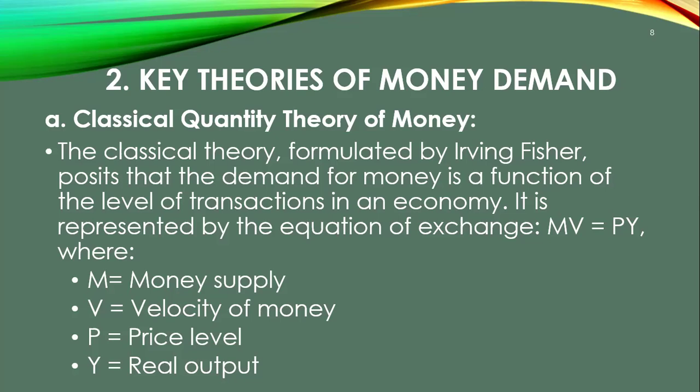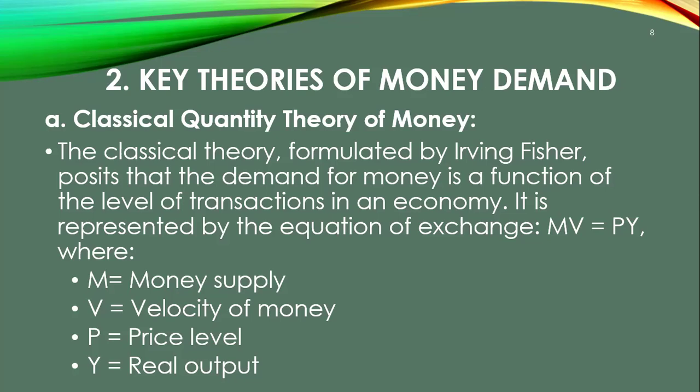So what does it mean? It even influences the price of goods and services to go high because of the demand pull, what we term as demand pull inflation. So if you intend to reduce the price as a result of demand pull inflation, you have to reduce the amount of money in circulation, or the money supply.